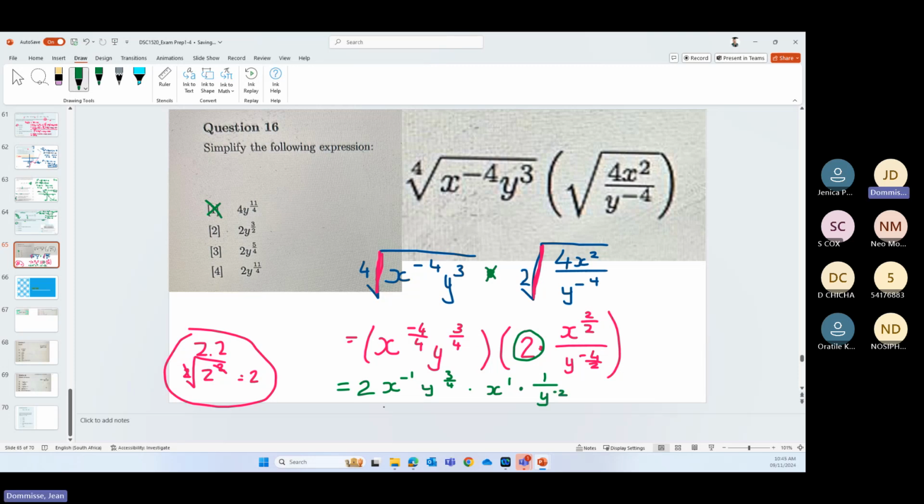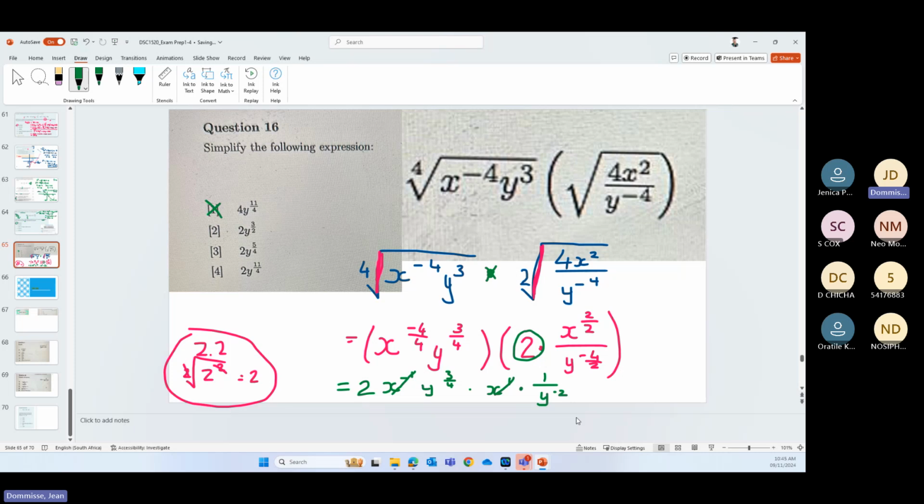And so now already we can say x minus 1, x1, that cancels out. Okay, unfortunately that didn't help. But now we sit with y 3 over 4, 1 over y minus 2.